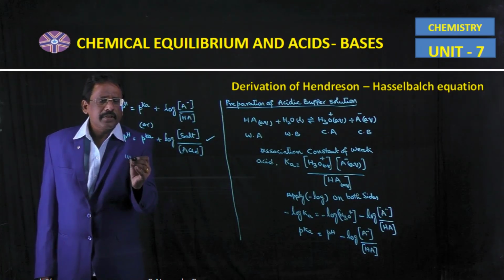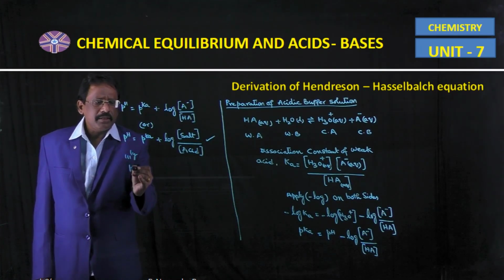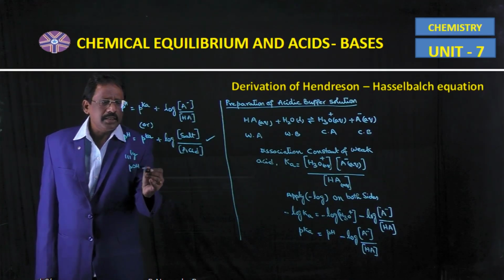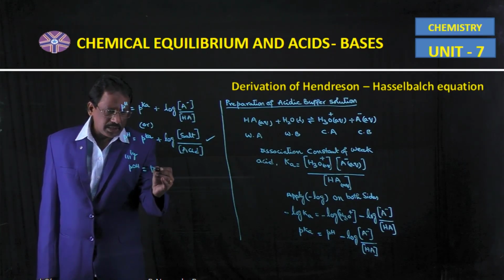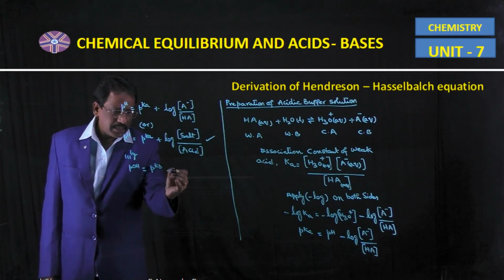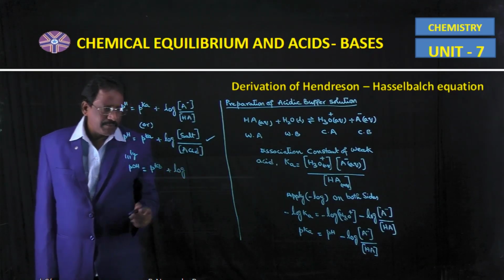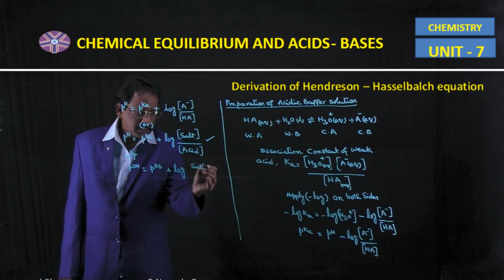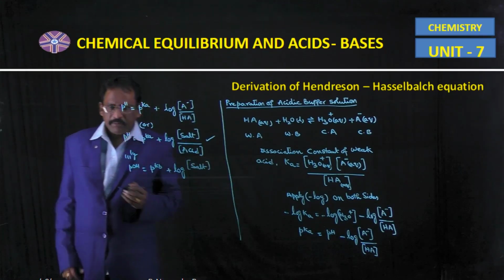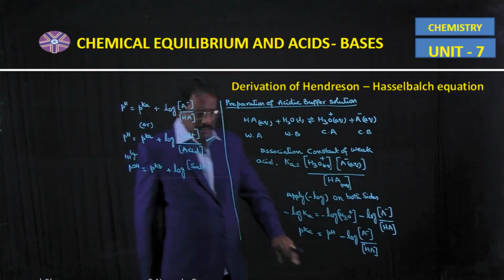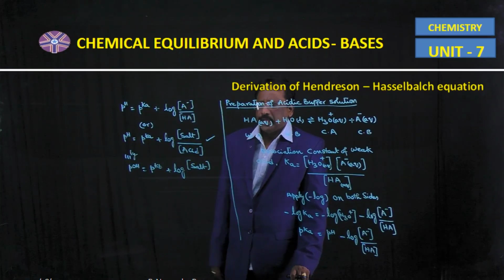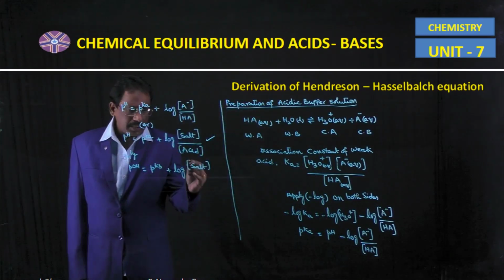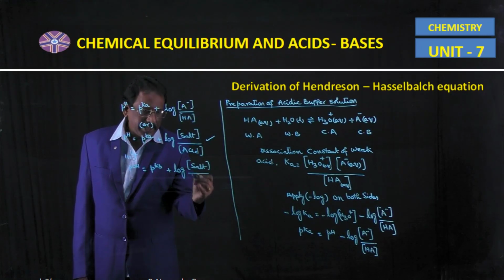Similarly, the pOH of the basic buffer solution is equal to pKb plus log of the active mass of the salt divided by the active mass of the weak base.